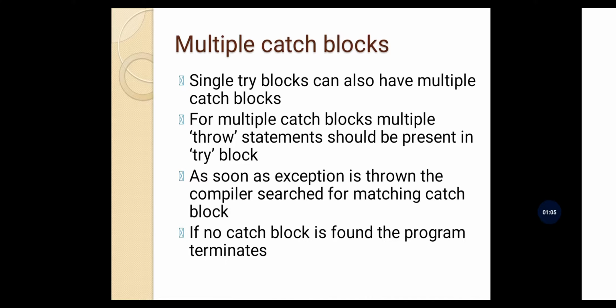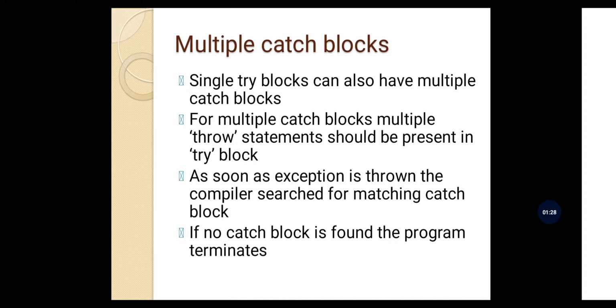So what are multiple catch blocks? A single try block can have multiple catch blocks. For multiple catch blocks, multiple throw statements should be present in the try block. So there could be a scenario where an integer is causing an exception, or a double is causing an exception, or for example a character may cause an exception in the same code.